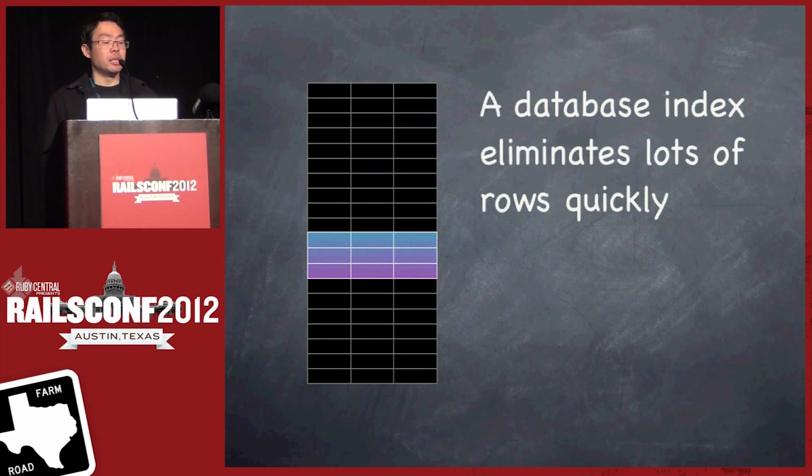An index eliminates most of those rows quickly so that you only have to search a few to find what you're looking for. Spatial indexes work the same way. They eliminate most of the geometric objects in the database quickly so that you only have to search a few, and so they're good for speeding up searches in tall tables with lots and lots of rows.